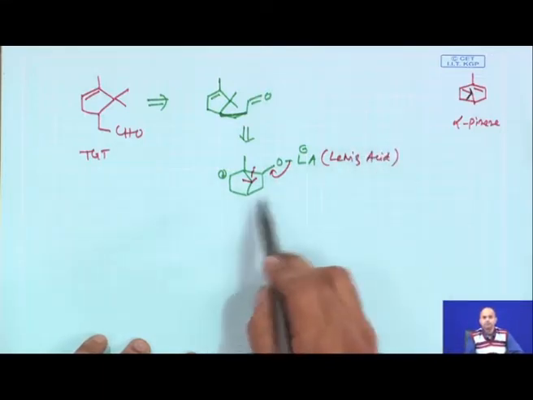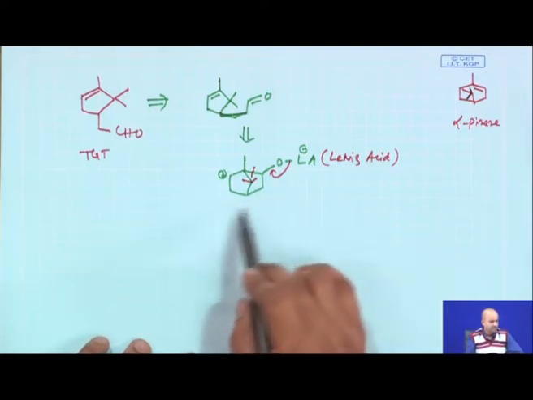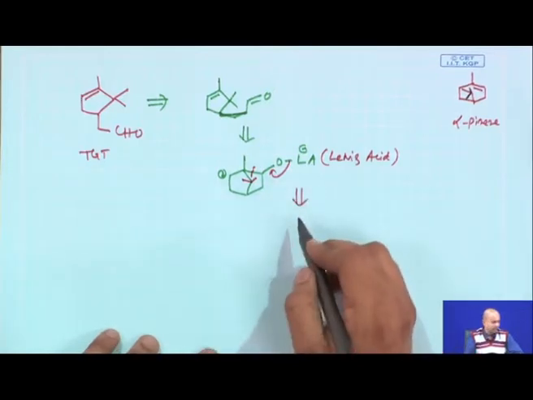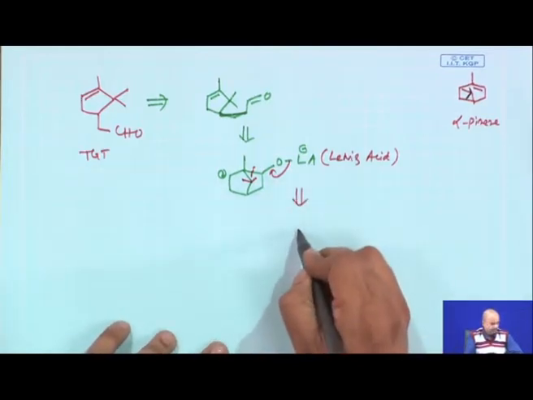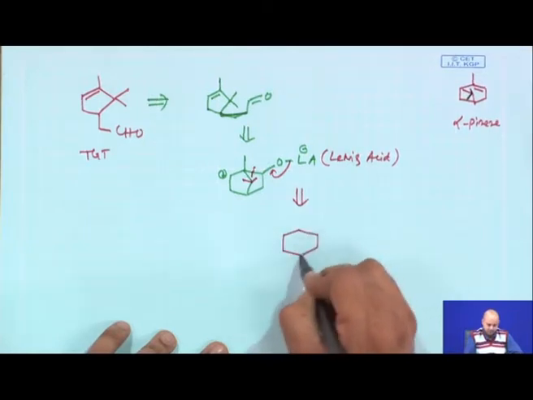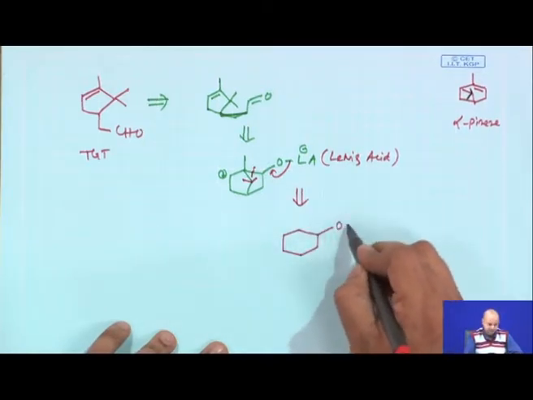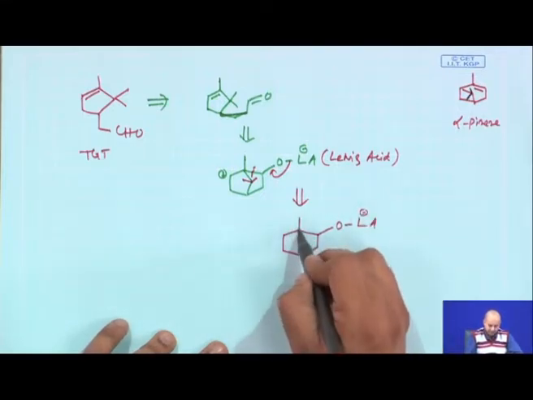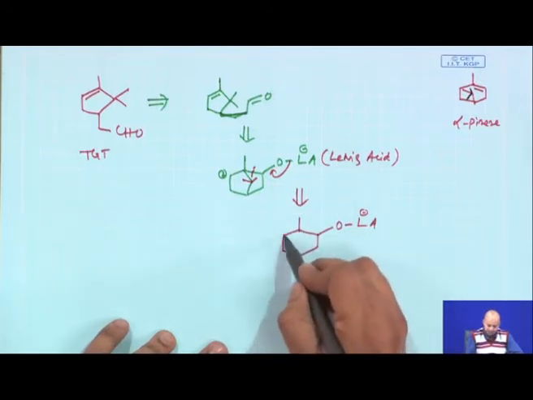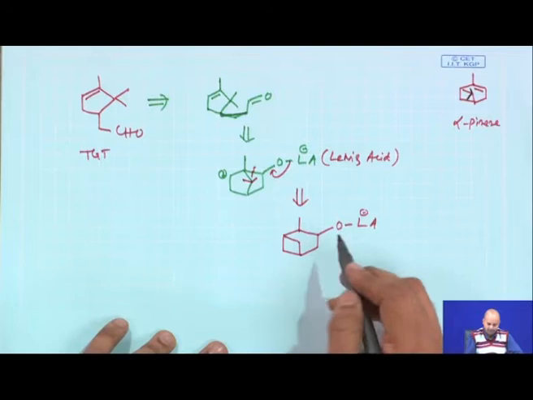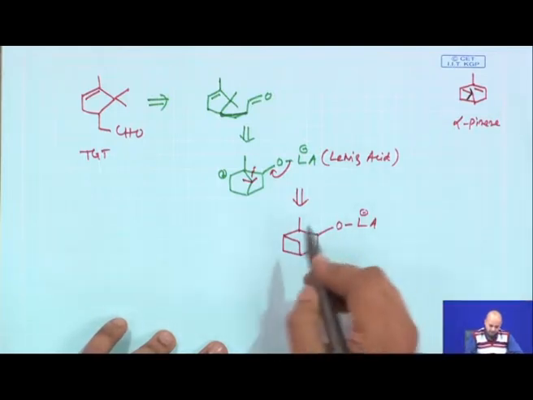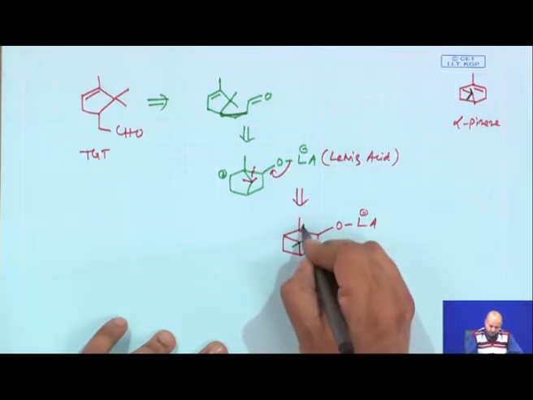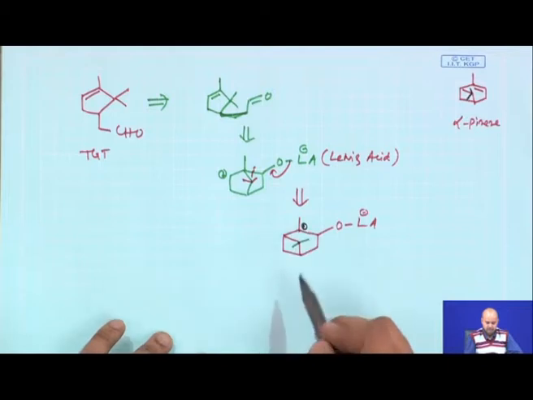Now, if this kind of rearrangement reminds you of something, okay, let's continue our another round of retro. Next retro is, I said, okay, this oxygen is coordinating with the Lewis acid, fine, and then now what I am doing, I am rearranging another carbonium ion in this way, putting this methyl here, and now I am saying that this carbonium ion has this structure.